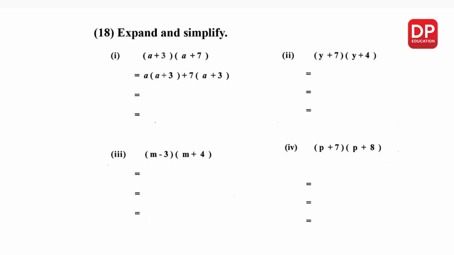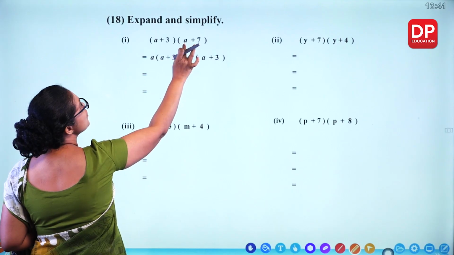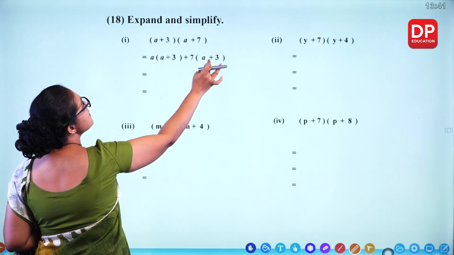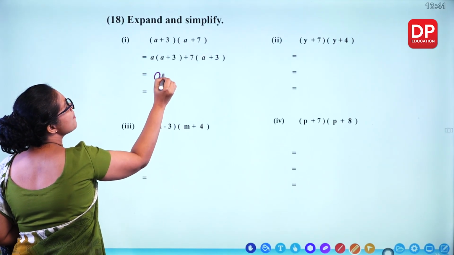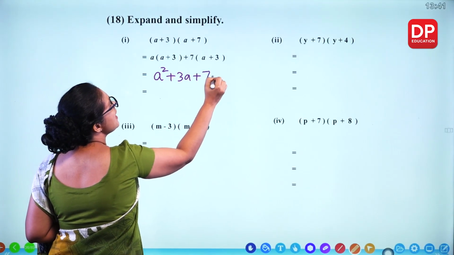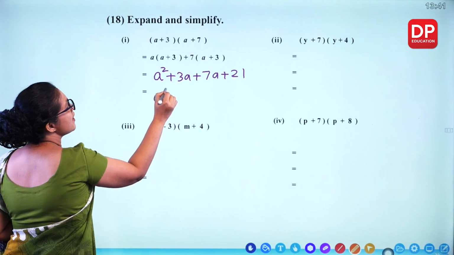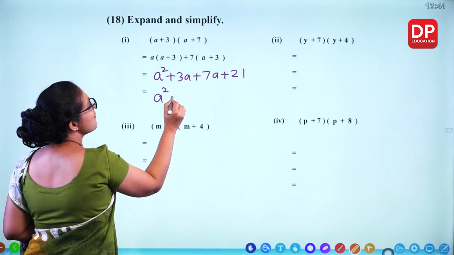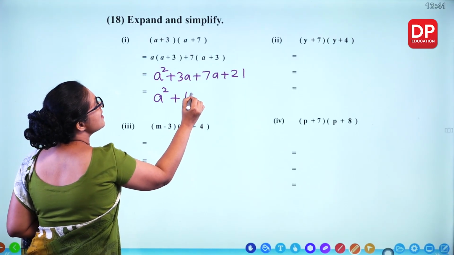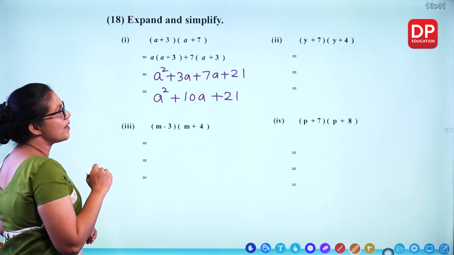Expand and simplify. Again, we can write a plus 3 expression with a plus 7 with this. Now expand, a squared plus 3a plus 7a plus 21. What you get? a squared, 3a and 7a, 10a plus 21.